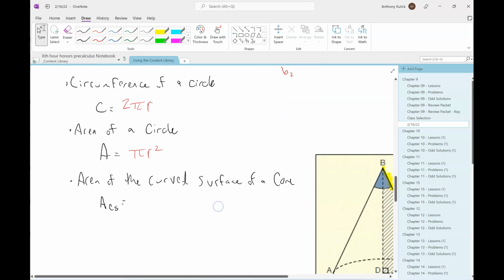Okay. How about the area of the curved surface for a cone? So when you have a cone, the base, the circle, is actually a flat surface, right? The ice cream cone part that you'd hold, that part's all curved. Does anybody remember that area?